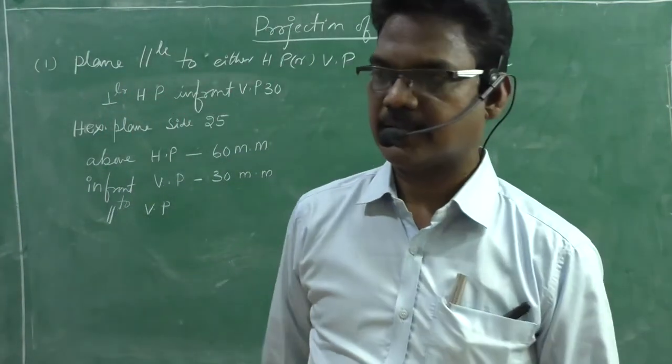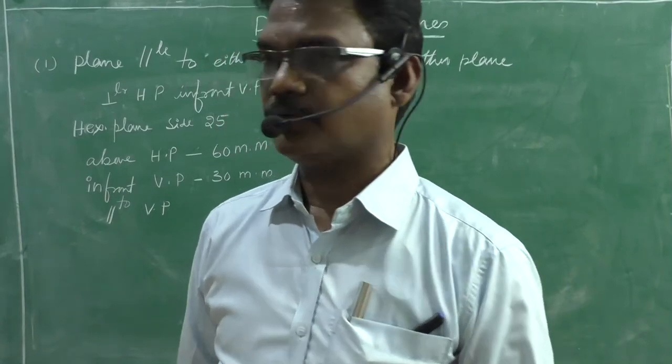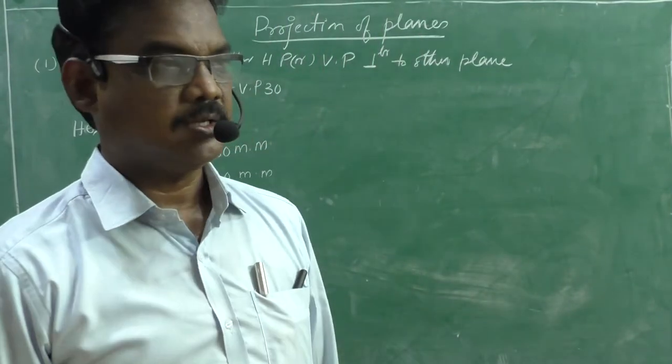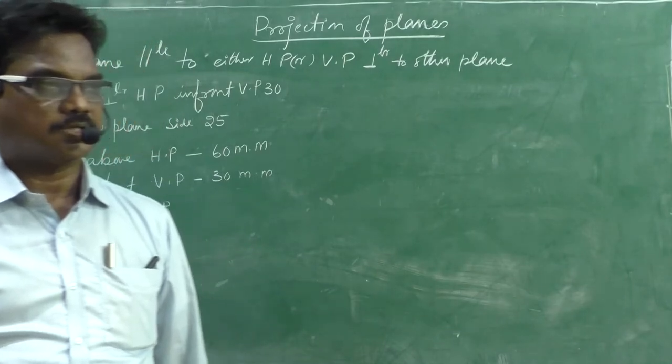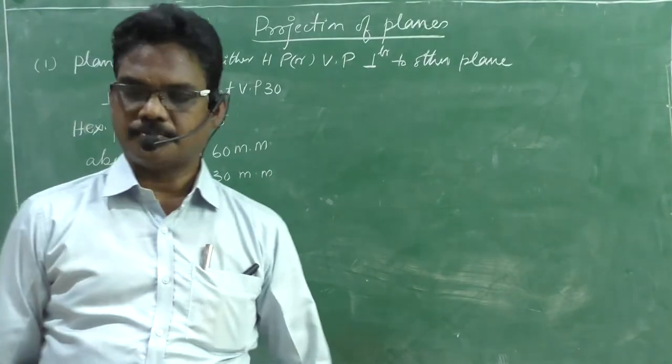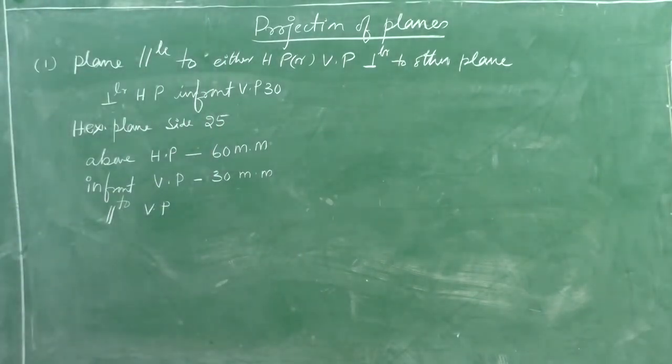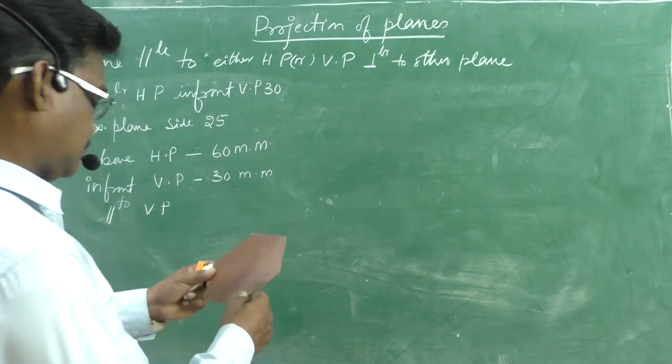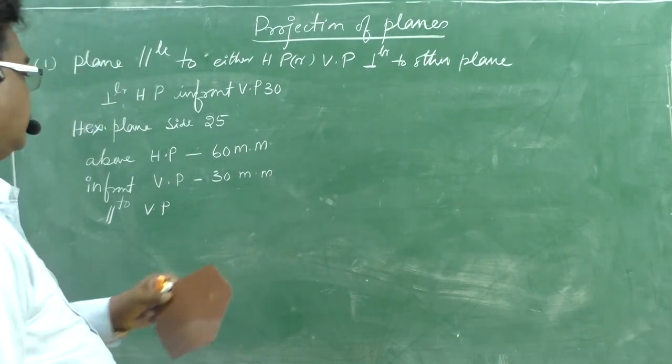Now we will analyze the data and try to understand the data given and the orientation of the object. Now a hexagonal plane is given. This is the hexagonal plane.